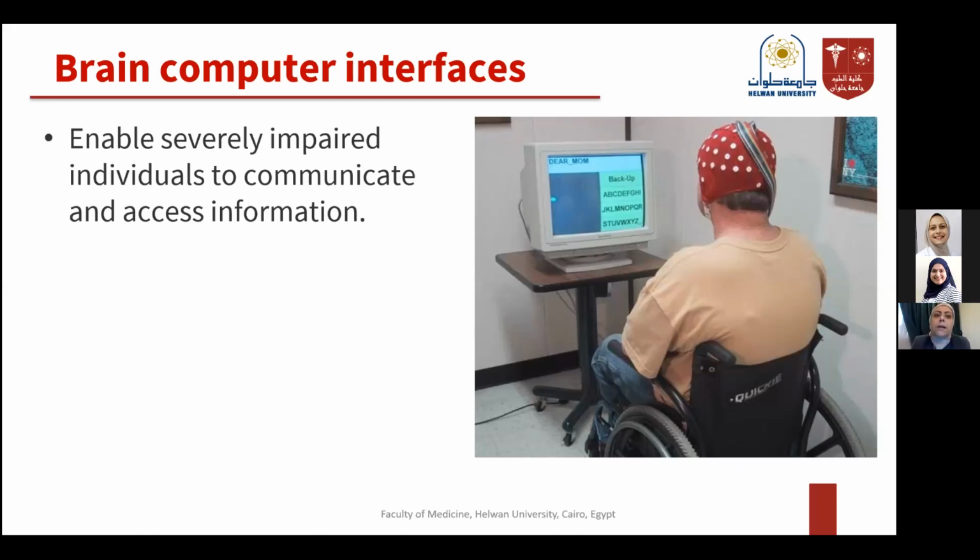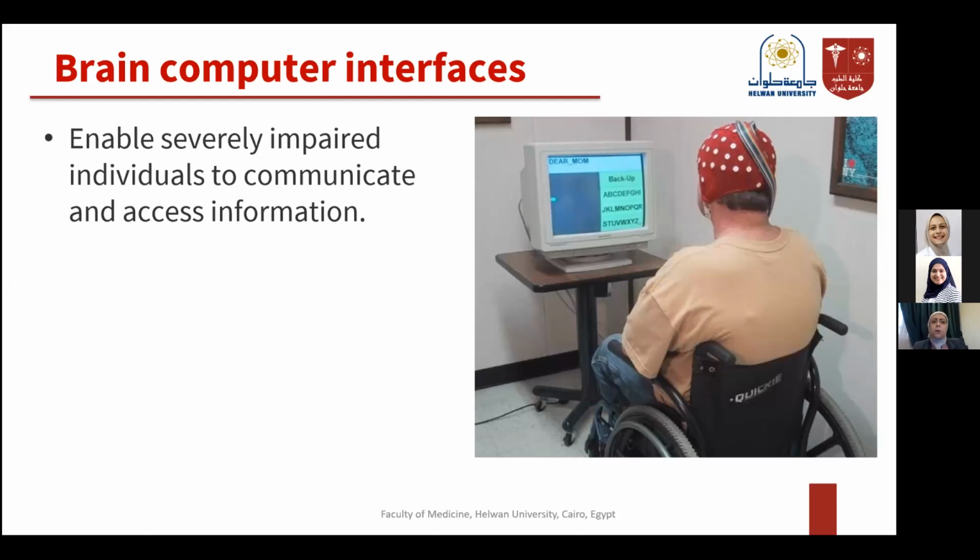Okay. In severely impaired persons, they can take the thoughts of the patient, okay, and change them into electrical signals that can either write, for example, as in this model, he thinks of the alphabet and the computer is texting what he thinks of, okay, or he can use these thoughts to be sent wirelessly to a computer, for example, or a smartphone that moves, for example, the chair that he is sitting on.